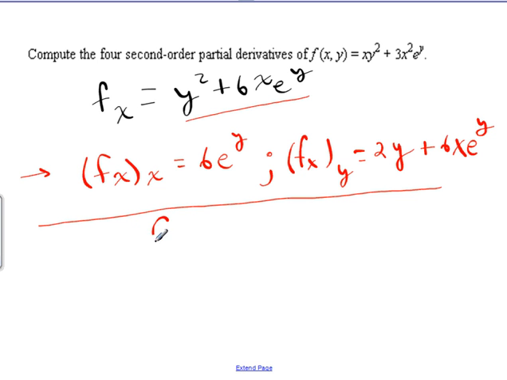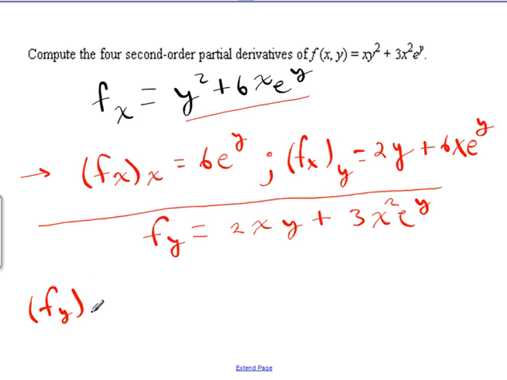Now we say, okay, my partial derivative with respect to y is 2xy plus 3x squared e to the y. And now we need to take the partial of y and see how does my partial of y change as y changes.